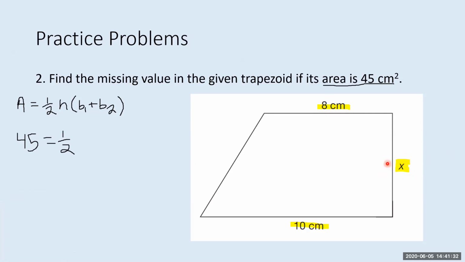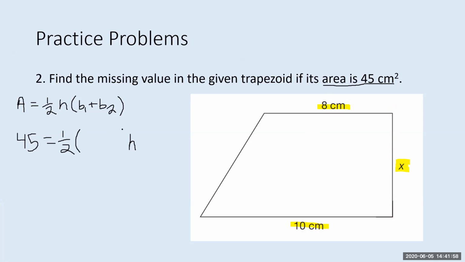The height is this thing they've called X. It's a straight line going from the bottom to the top of the trapezoid. It's a straight line that goes from base 1 to base 2. So I do not know that information. That's actually the information that I am looking for. So I'm going to put that at the end, because I don't know what that is.